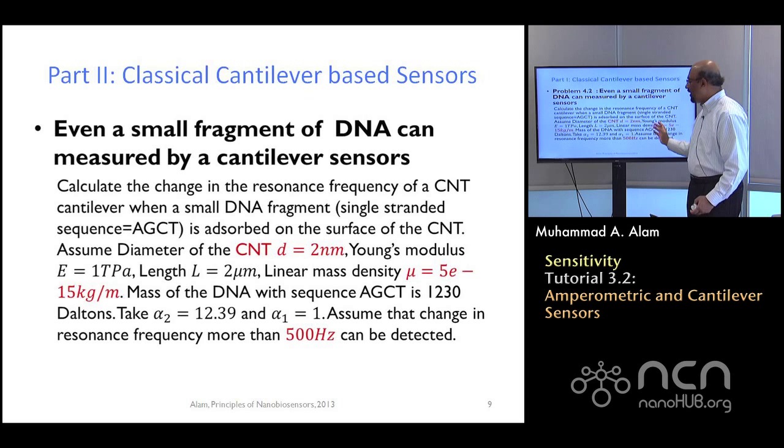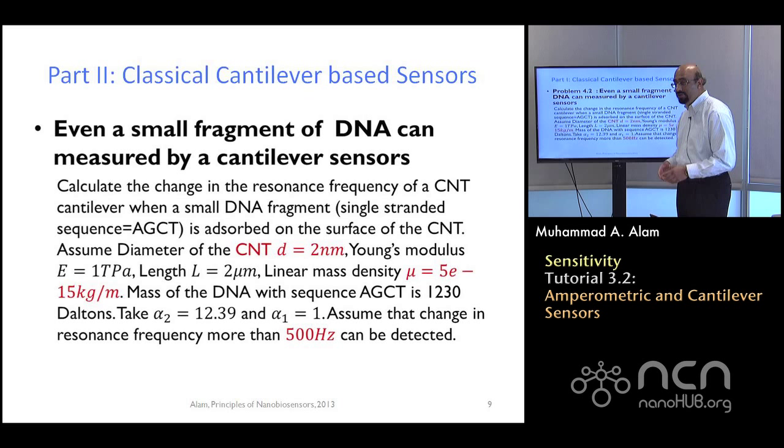And the alpha 2 and alpha 1, all these values are given. And let's say somehow you have very high signal processing capability that can detect a 500 hertz shift in the frequency, let's say. Now, of course, how would you do it?